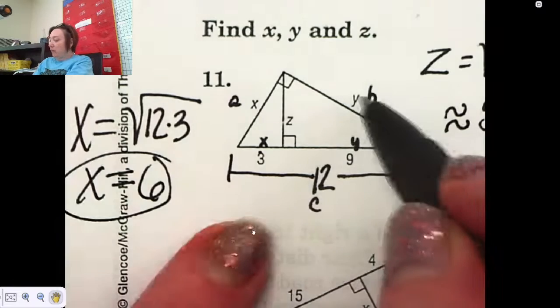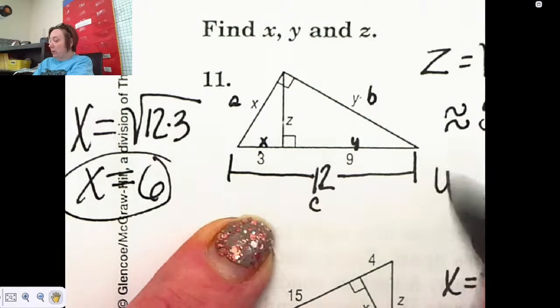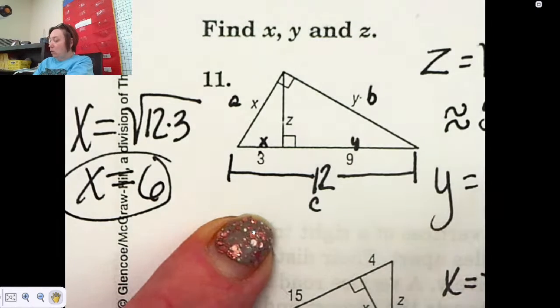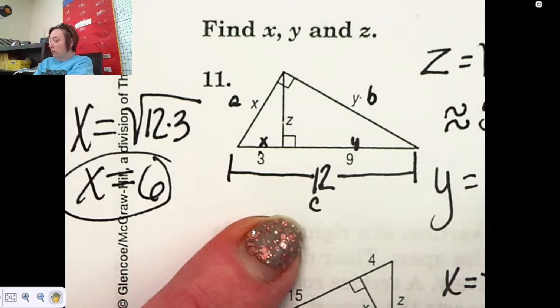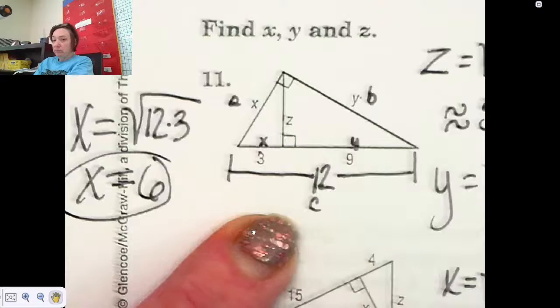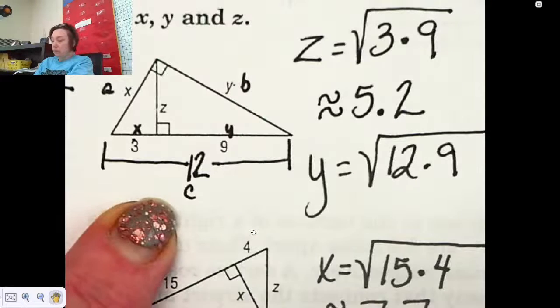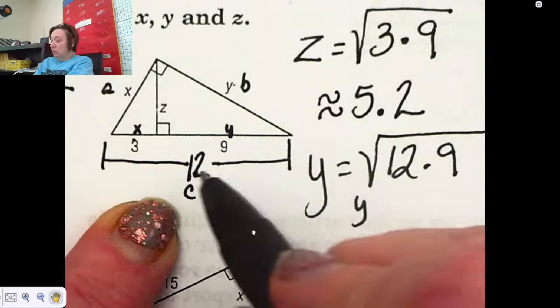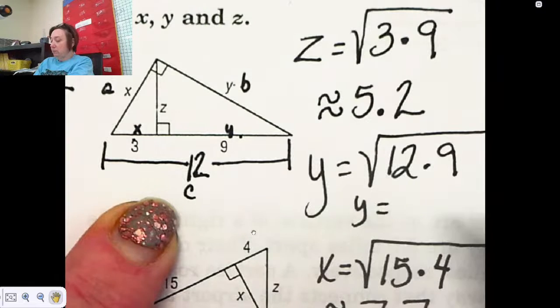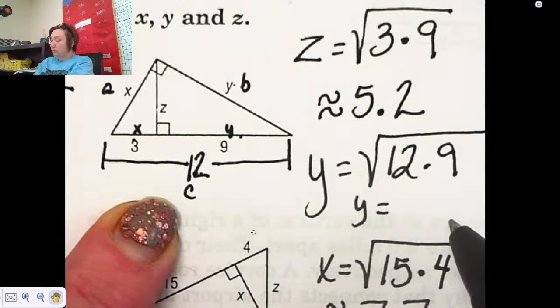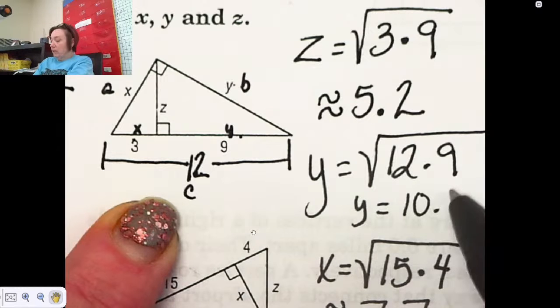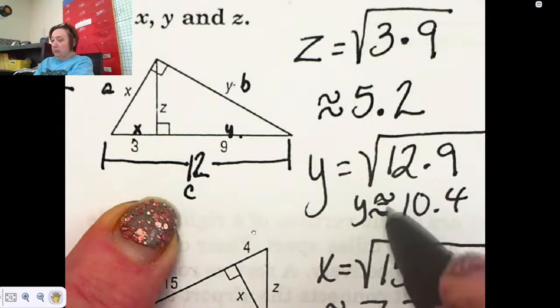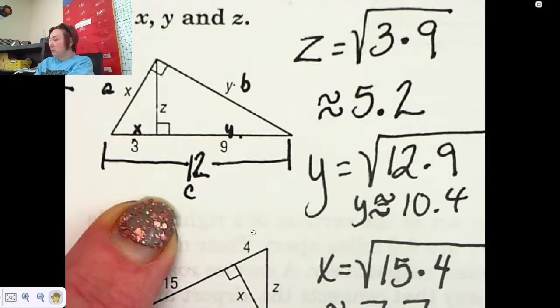And then if we want to find Y, what we've been calling B, we're going to do the square root of 12 times 9. This 12 times that 9. What is that? 10.4. So that's approximate, right? We had to round. Y'all see it?